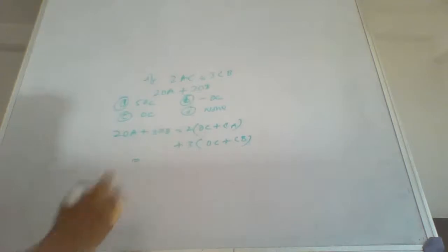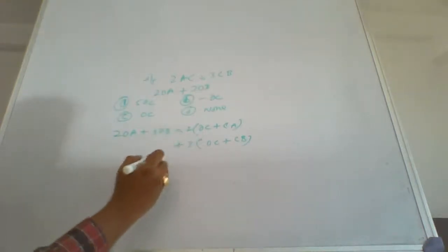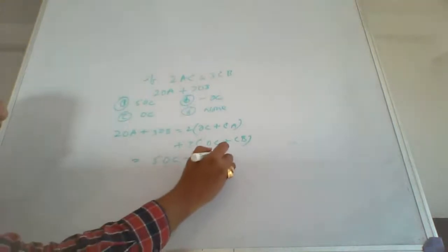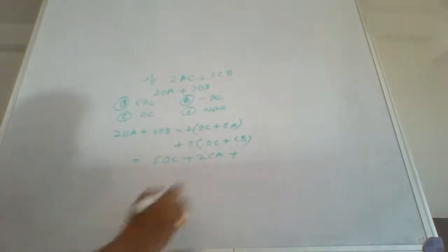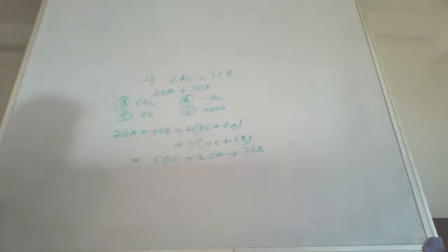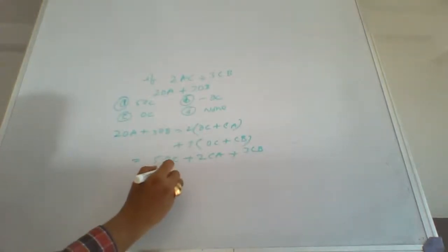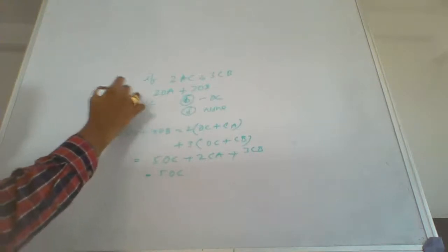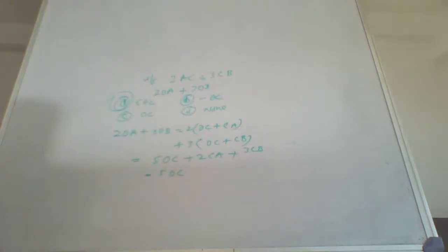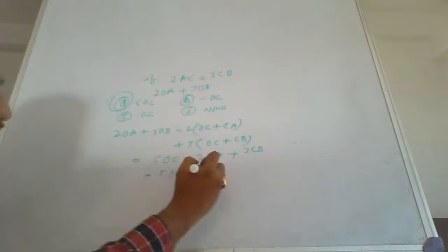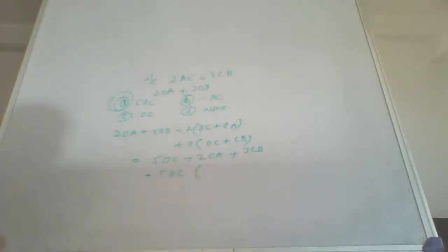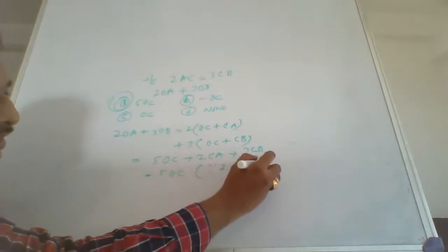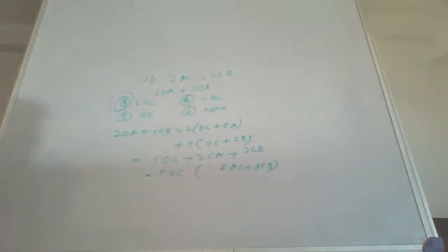So when you compute this entirely, it results to 5 OC plus 2 CA plus 3 CB, which is equal to 5 OC, since 2 AC equals 3 CB. So that is 5 OC, which you have in the option itself. So this is the solution for that.